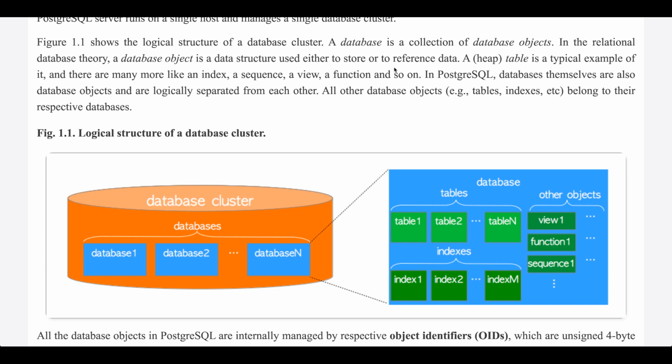A heap table is a typical example of it, and there are many more like an index, a sequence, a view, a function, and so on. In Postgres, databases themselves are also database objects and are logically separated from each other. All other database objects, e.g. tables, indexes, etc., belong to their respective databases.